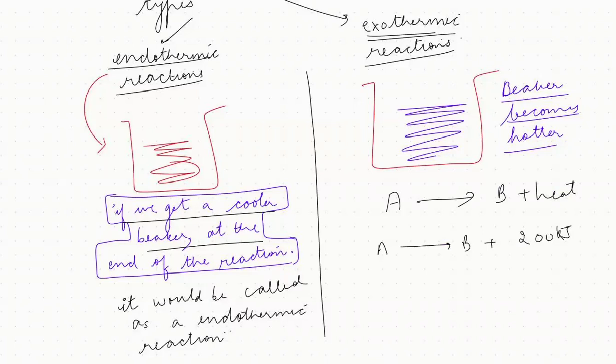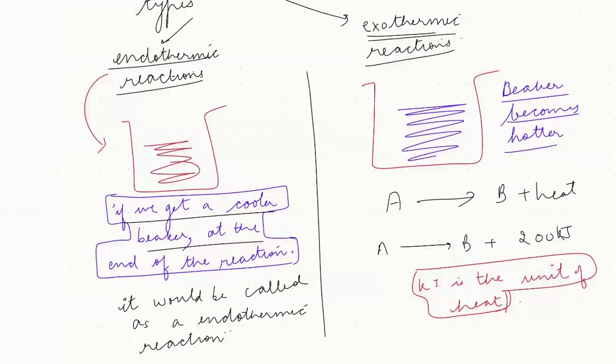Kilojoules is the unit of heat. Any doubts in this? All right, so this is the basic part: kilojoules is the unit of heat, and A would convert itself into B plus 2000.